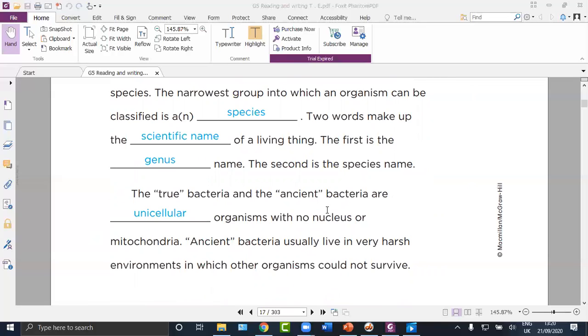Scientific name, genus, unicellular. Okay, now time's up. Thank you so much. I'm so sorry, sir, I didn't finish that page. Okay. Now, wait, I want to take a picture.